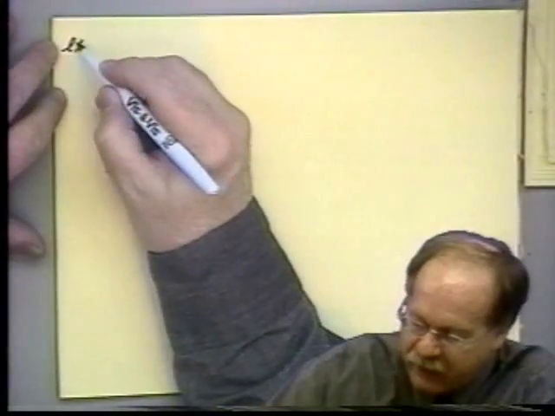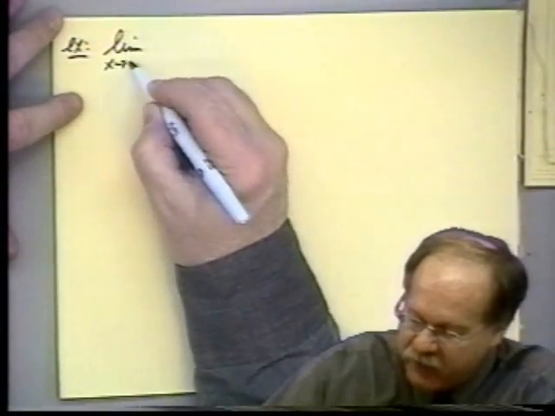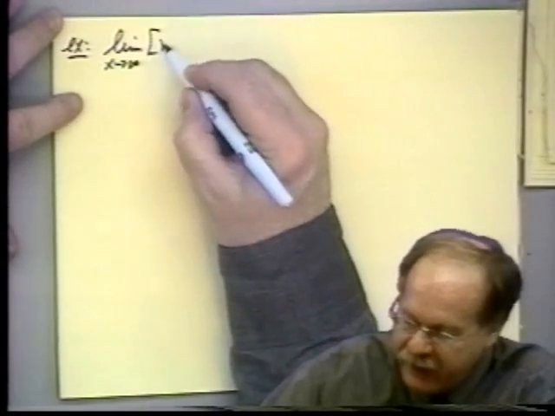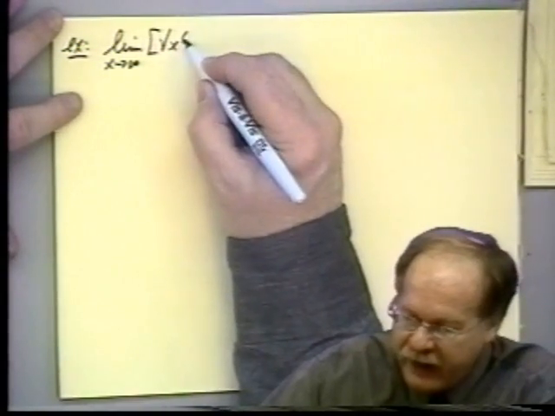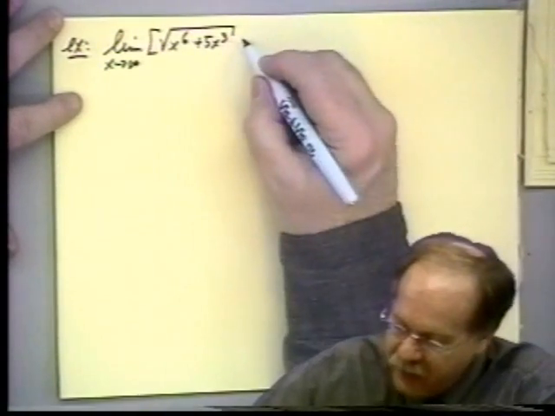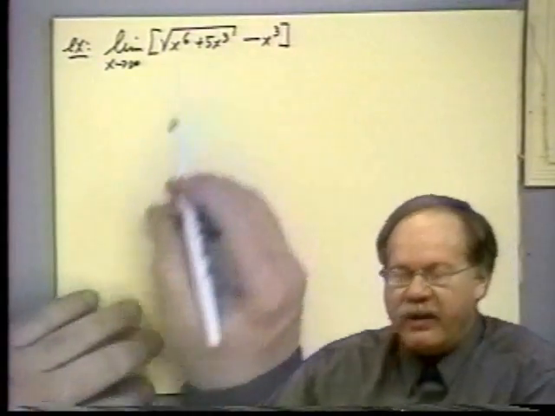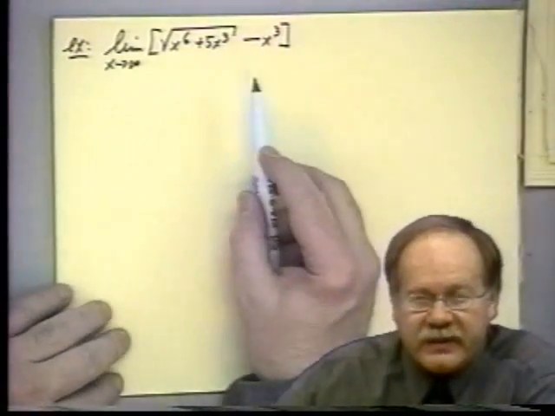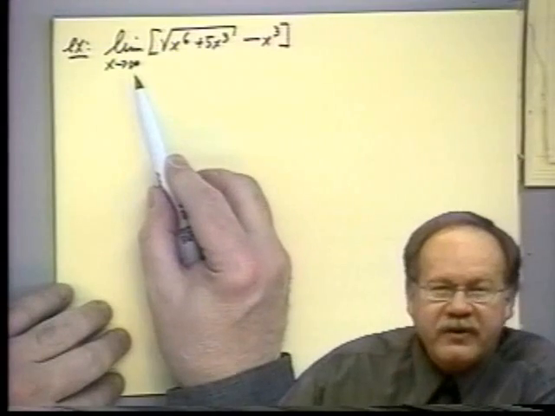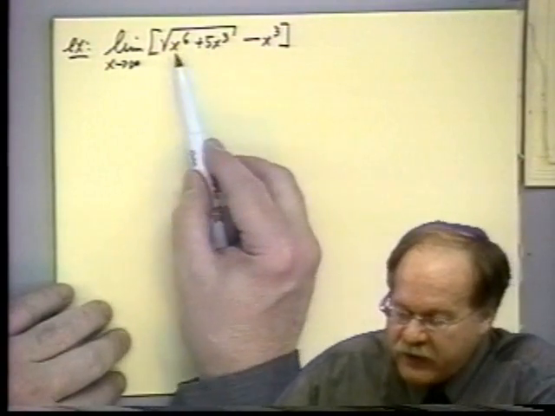Now let's do a different kind of radical limit. If I take the limit as x goes to infinity of this one, I get something very different. X to the 6th plus 5x cubed, radical, square root in this case, minus x cubed. Now if you look at that with your intuitive grasp of limits, you say, well, I'm just going to see what happens as the x heads off toward infinity.